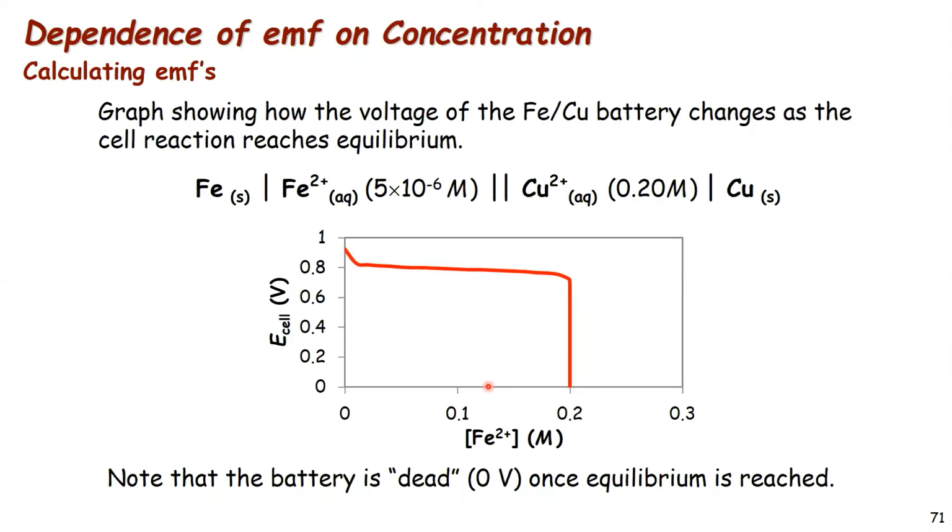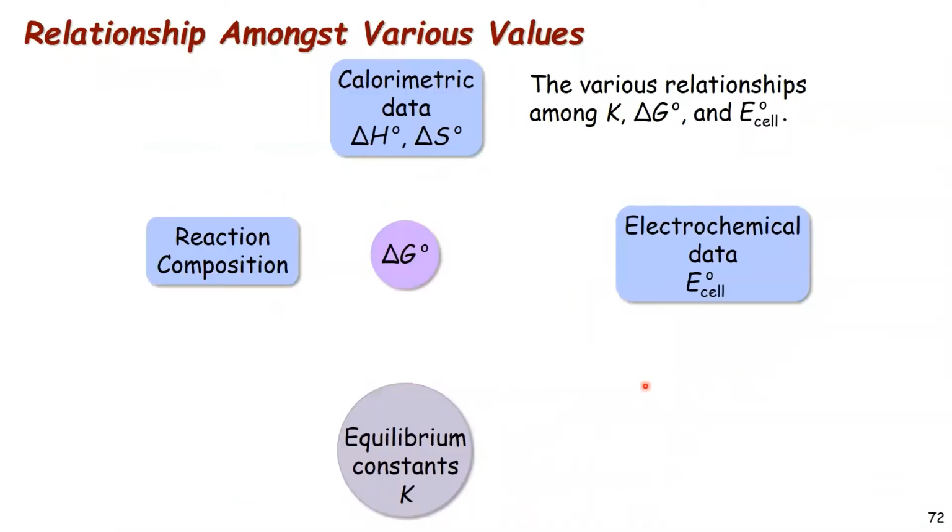In fact, we probably wouldn't have most of the things that we have today if that were true. But again, because it's an intensive property, it basically remains constant until there's nothing left, and then it just plummets to zero.